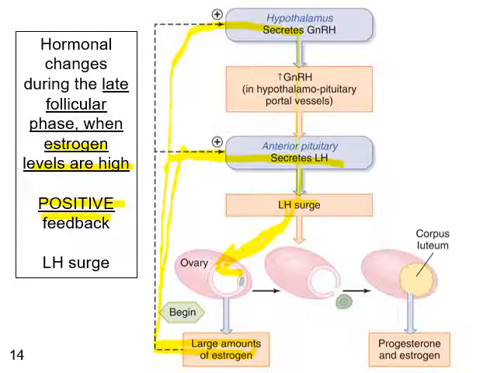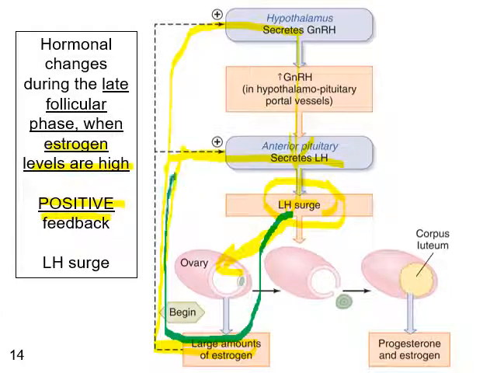So there is positive feedback looping, and that positive feedback, more LH, more FSH, causes that surge or spike in LH and FSH concentration. A positive feedback: LH, FSH, ovarian development, high estrogen, positive feedback.